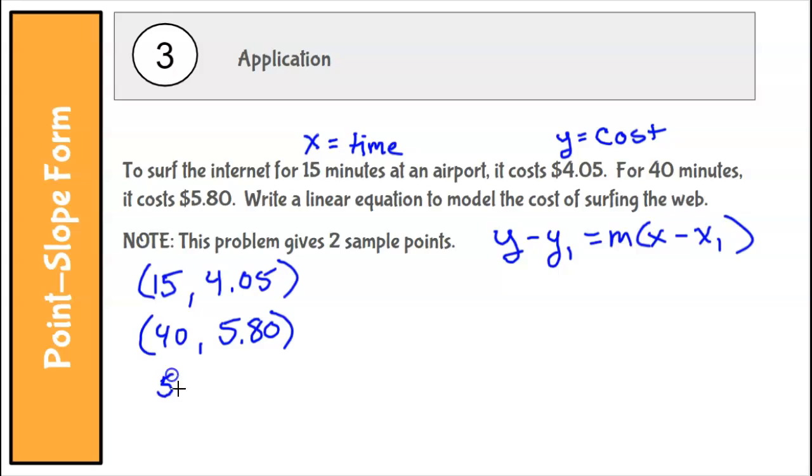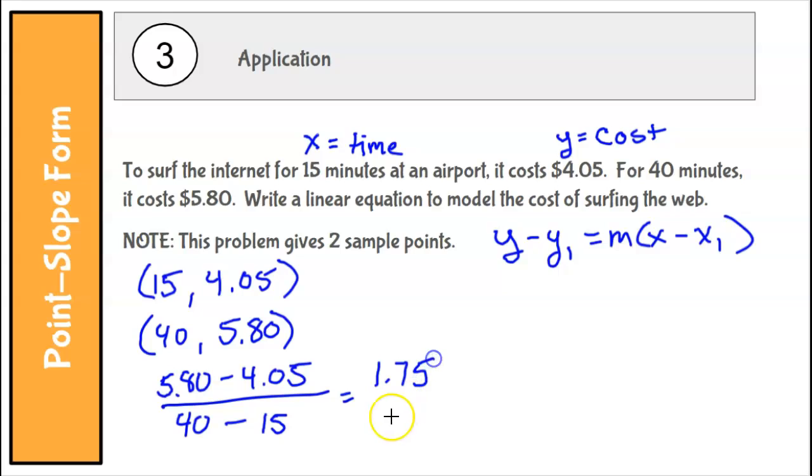So let's find the slope. Slope is also going to be the cost per minute, which is pretty intuitive. $5.80 minus $4.05, that is $1.75. And then 40 minus 15 is 25. So it was $1.75 for 25 minutes, which is 7 cents per minute.